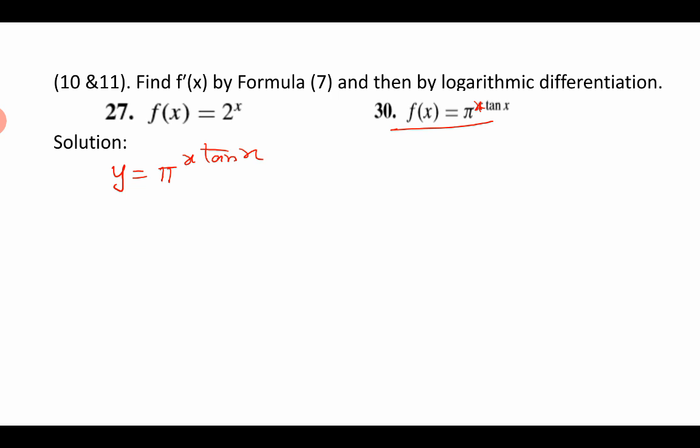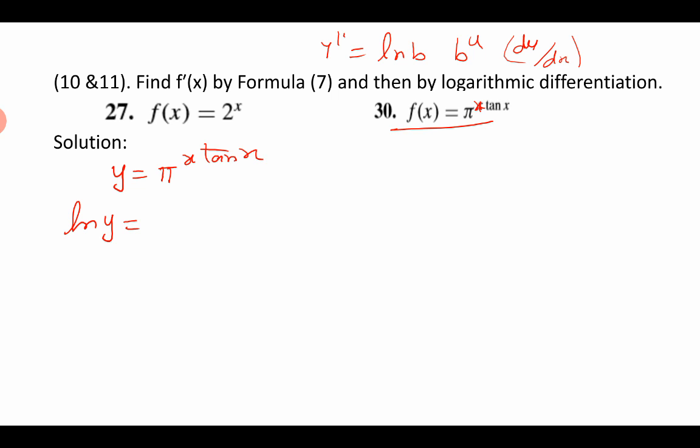Now with the direct formula, you should remember what y prime is in this case: ln b, b power u, and du by dx. Ln b is ln pi, and the same function pi power x tan x, and then differentiate x tan x by the product rule.